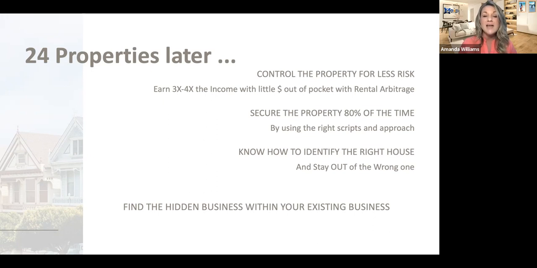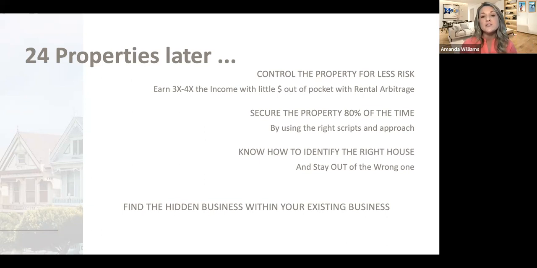But we're actually able to secure the properties 80% of the time, meaning when we go talk to a landlord, we now have this down to a science, to where 80% of the time the landlords are like, please, please, please, let me rent my house to you. You're going to take amazing care of it.